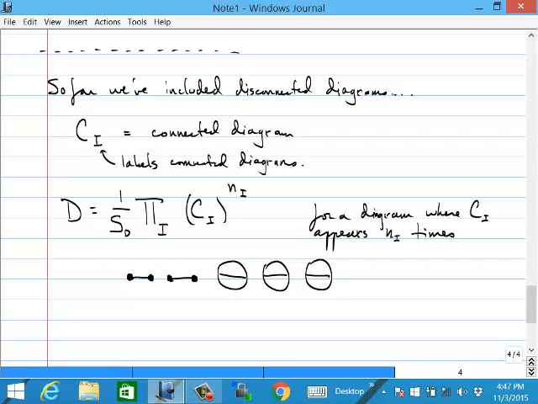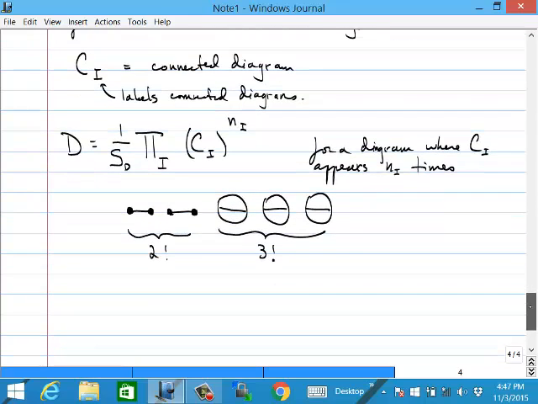But you'll also have an additional symmetry factor that occurs because you can permute those connected diagrams amongst one another, so that this extra symmetry factor Sd, what is that? That's the product over I of Ni factorial. Just because if you have a particular diagram appearing n times, there are n factorial different ways that you can permute those different connected diagrams amongst one another.